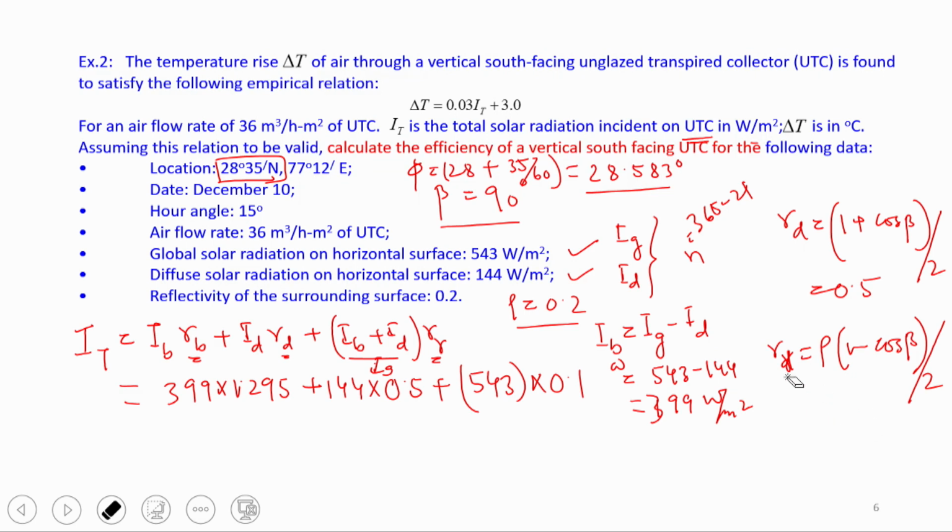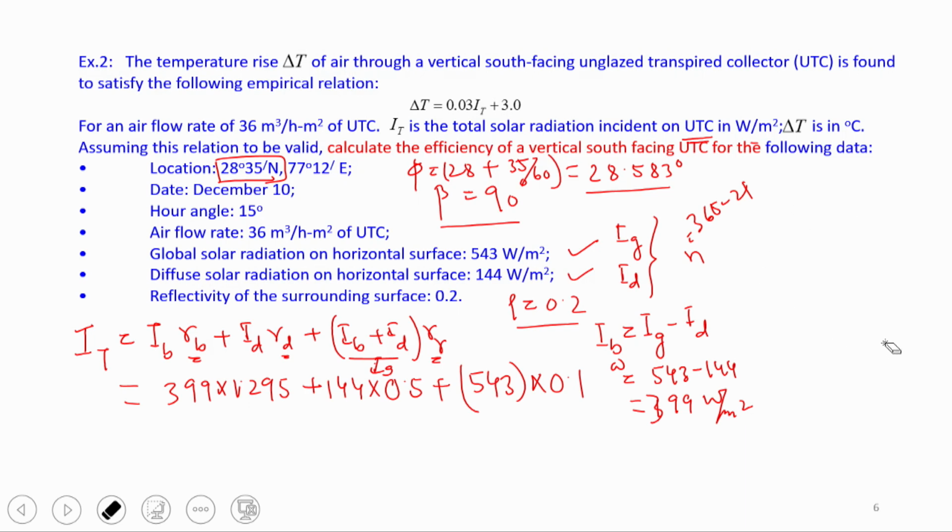So these are not required now. What is IT now? 641. So we have done with this: total radiation incident on the UTC is 641 watt per meter square.